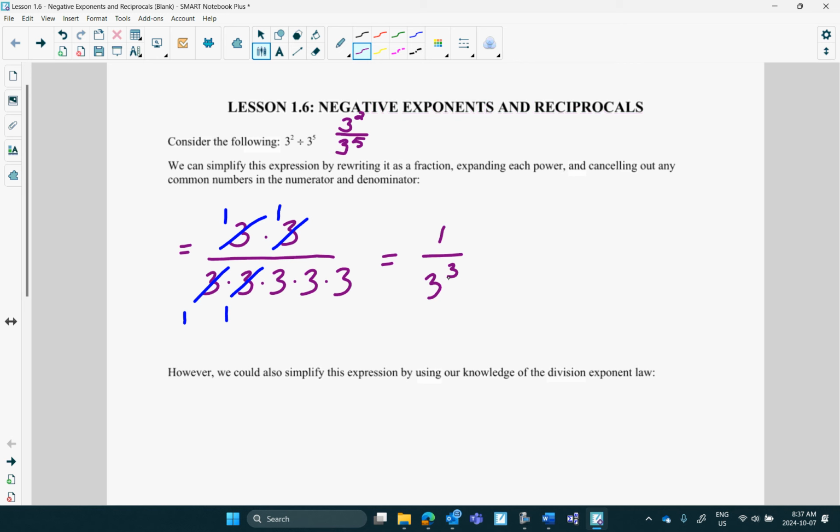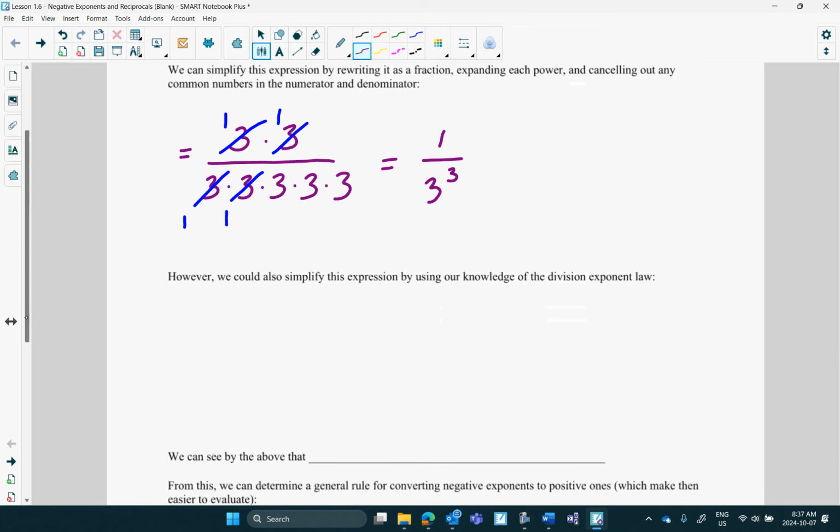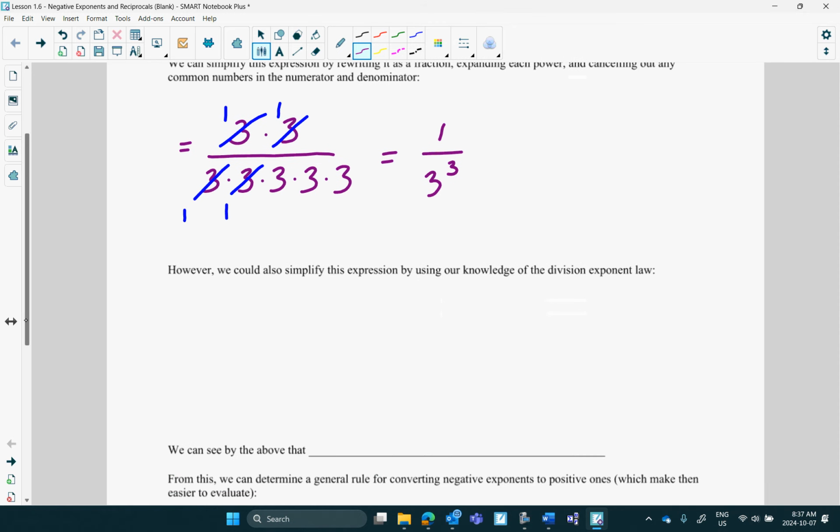there's another way we could look at 3 to the second divide 3 to the fifth. Well, when we divide powers that have the same base, the base stays the same, and we subtract the exponents. And what is 2 subtract 5? Negative 3.